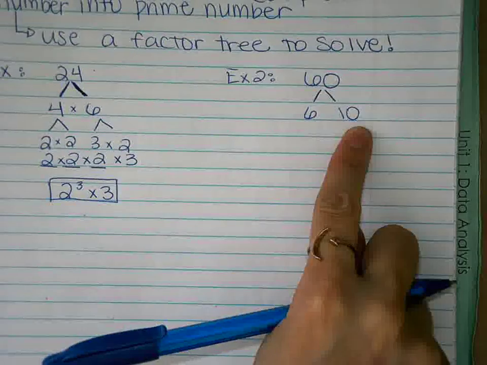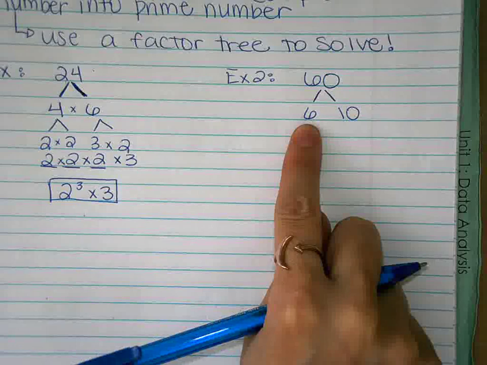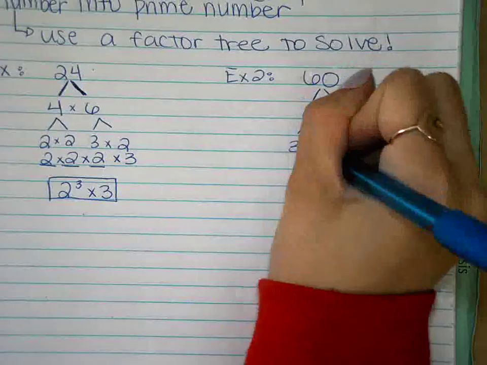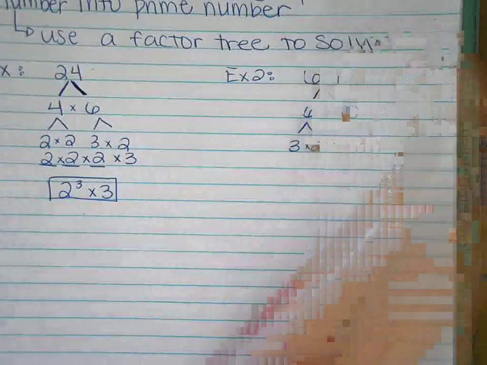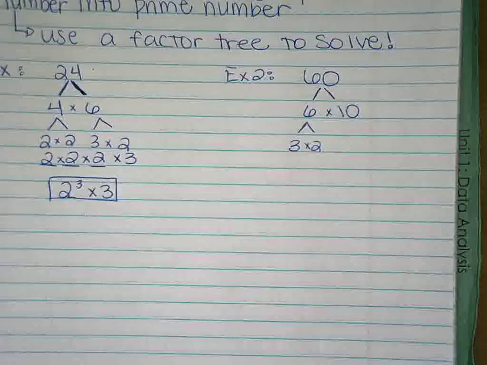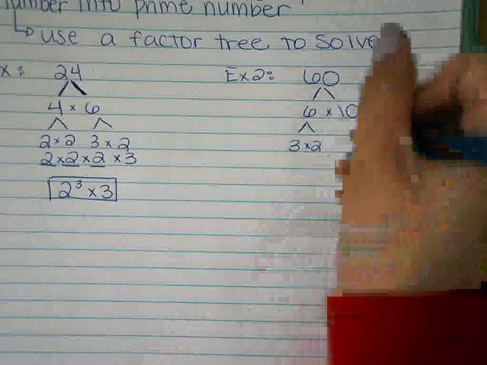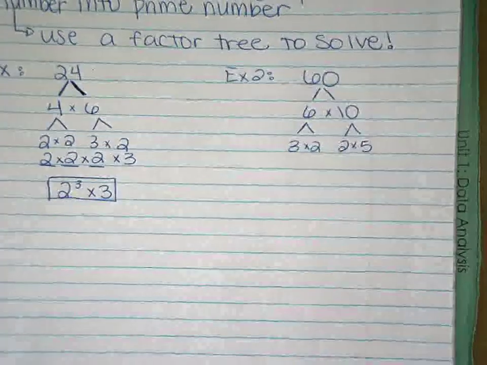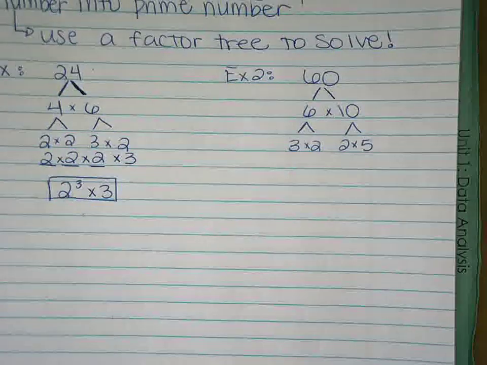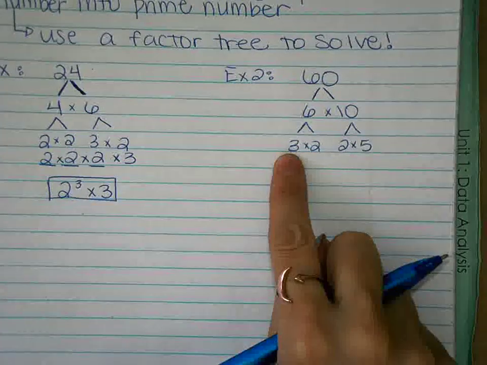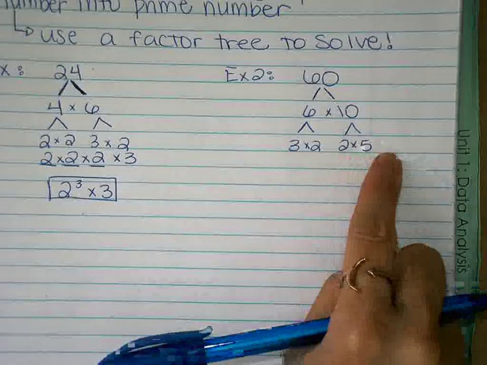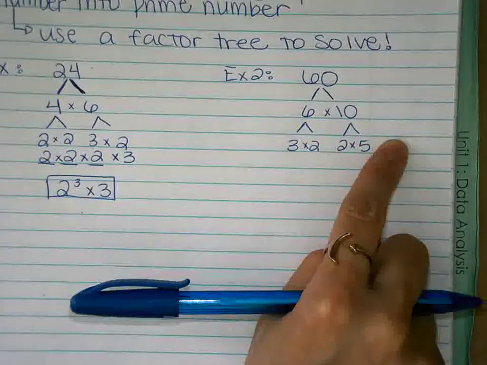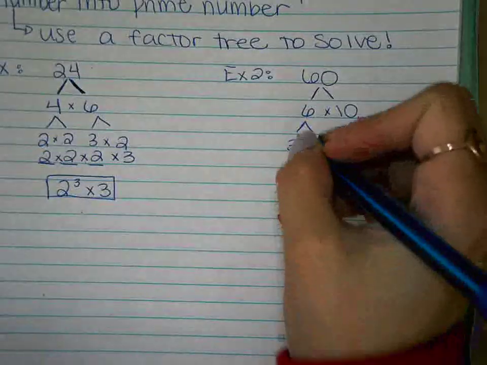So 6 and 10 are factors. 6 is composite because I know that 3 times 2 is 6. And I know that 2 times 5 is 10. Then I am left with 3, 2, 2, and 5. They are all prime numbers, so I cannot do anything else.